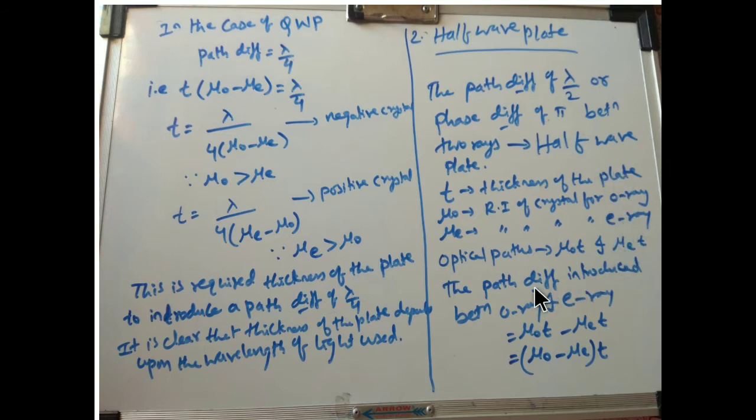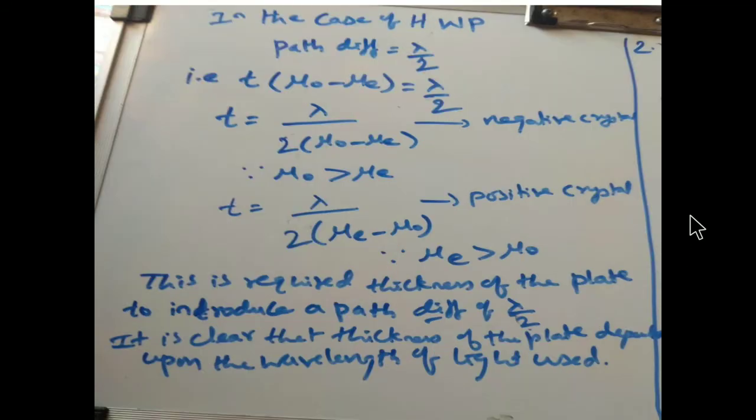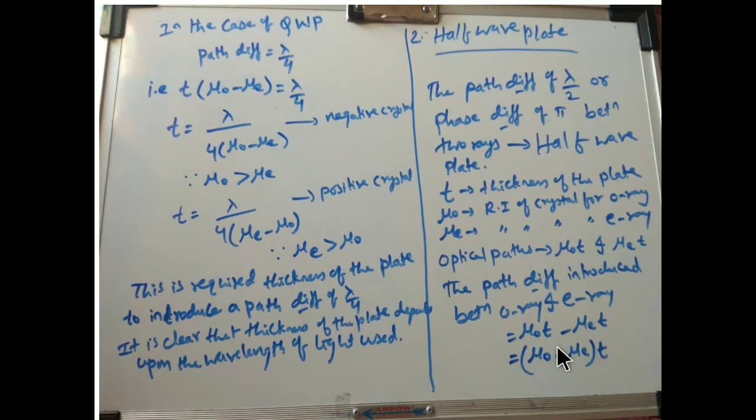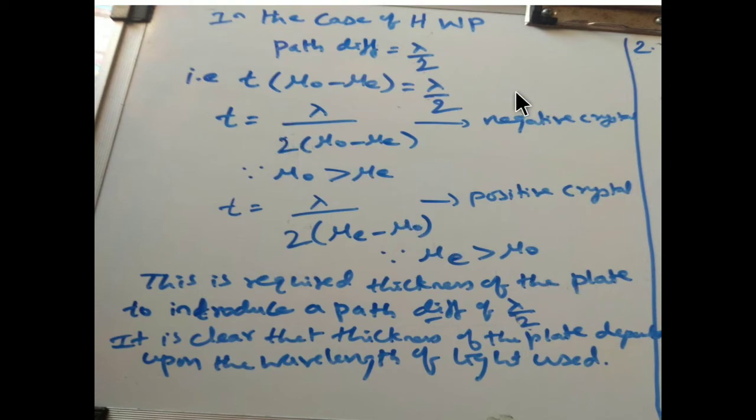The path difference introduced between the ordinary and the extraordinary ray is mu naught into T minus mu e into T, which equals mu naught minus mu e into T. In the case of the half wave plate, the path difference is lambda by 2, so this should be equal to lambda by 2.